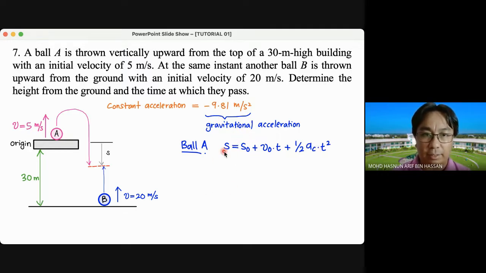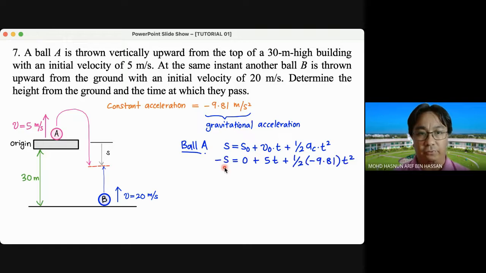Okay, now let's substitute all the values. For ball A, let's calculate ball A first. S here will be, kita dah cakap tadi, starting from the origin, going down. So it will be negative S. S naught, bila kita set the origin here, so initially the displacement is 0.